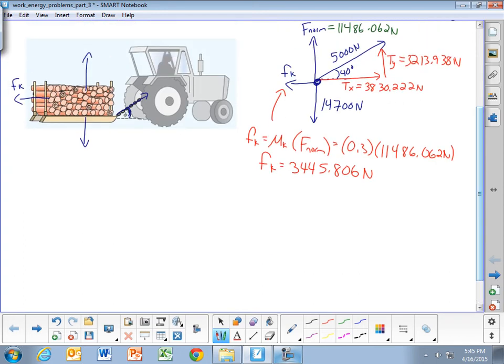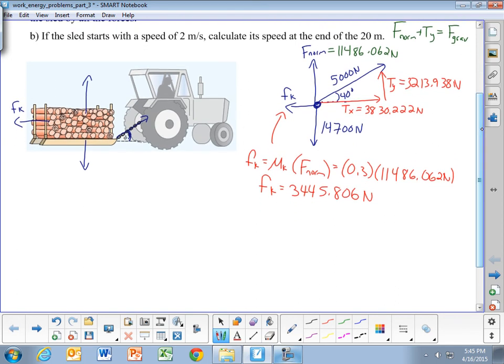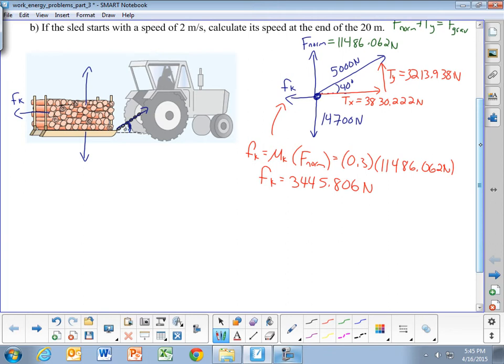We're asked to find the work done by each of the forces individually, and then the total work done. In this problem, the normal force and the force of gravity don't do any work. At first, it would seem like we don't need to calculate the normal force, but since there's friction, we needed that value to find the force of friction.